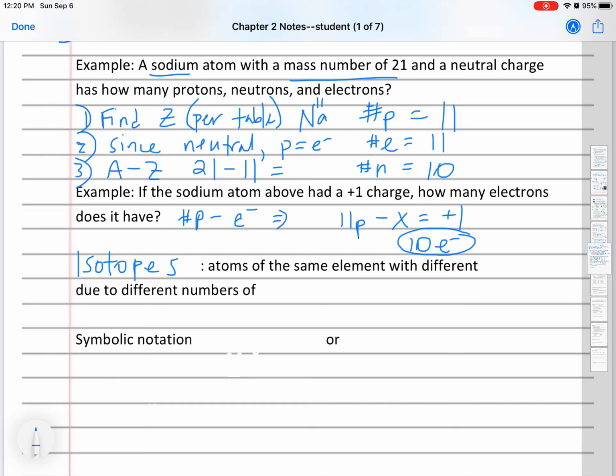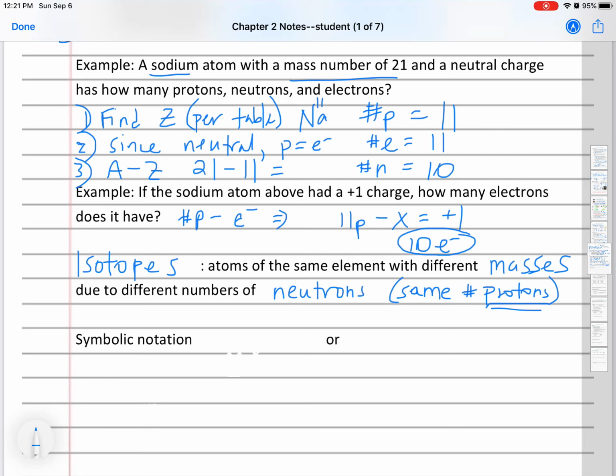So they are atoms of the same element, meaning they have the same number of protons, but they have different masses. And now we know the reason that they have different masses is because they have different numbers of neutrons. But I'll reinforce, they have the same number of protons. Protons define the element. If they had different numbers of protons, they would not be the same element.